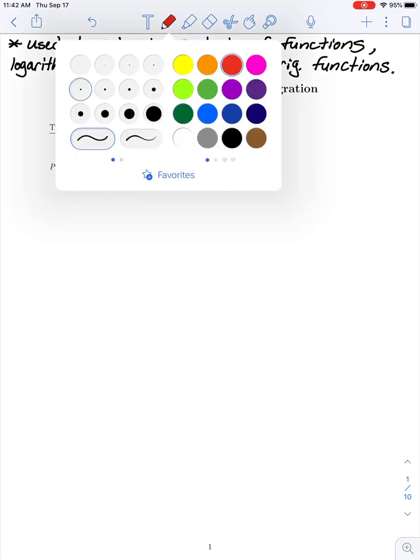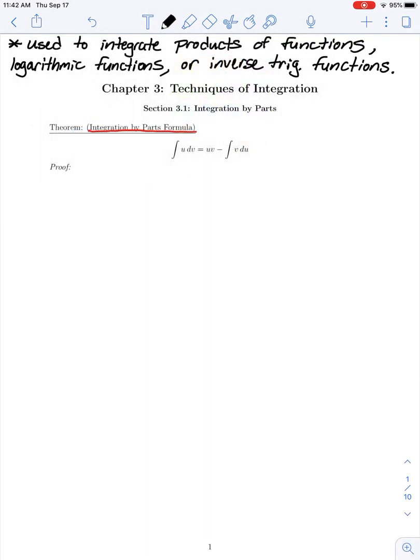To prove this theorem and see how it will allow us to integrate products of functions, let's consider the following. I'm going to define a function h of x as the product of two functions, f of x and g of x.